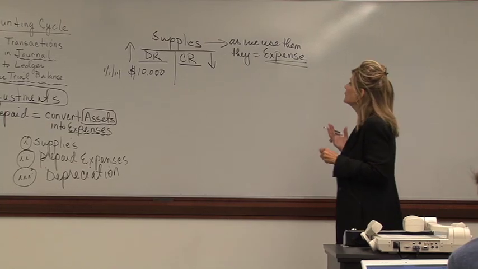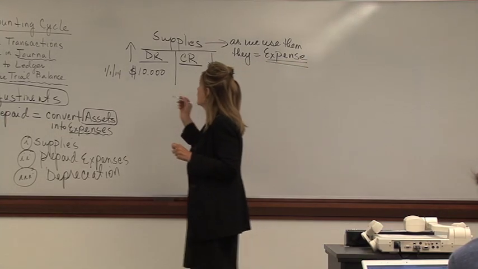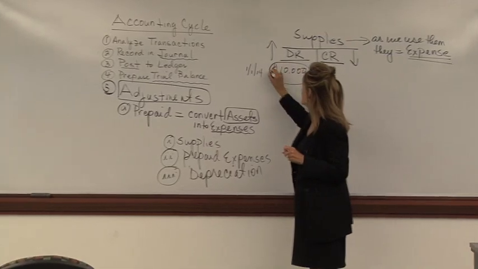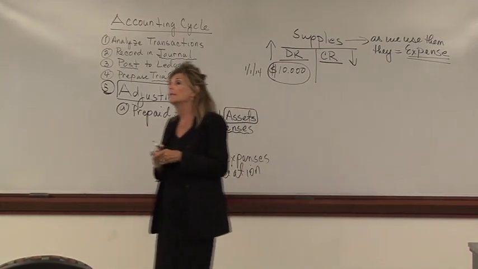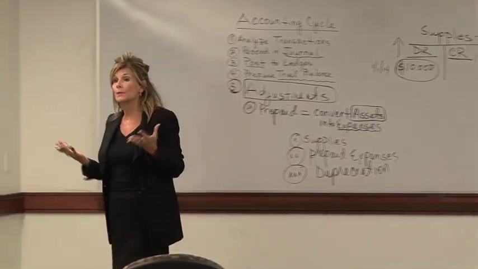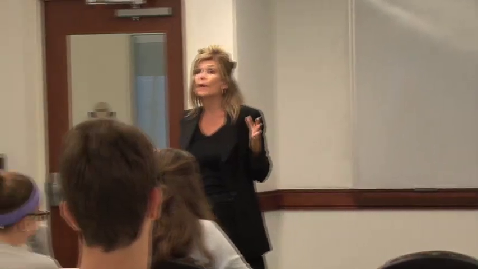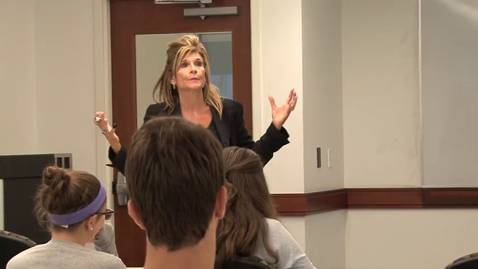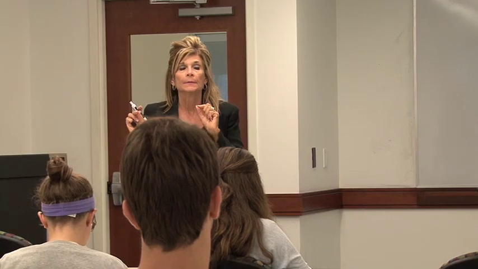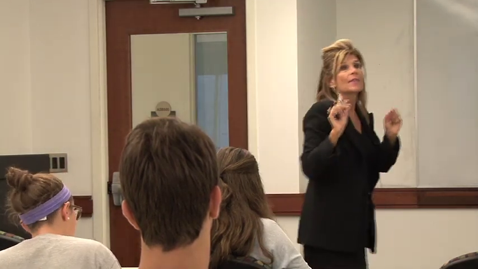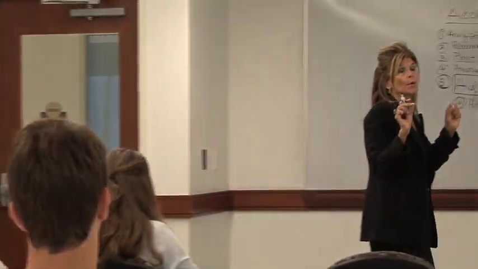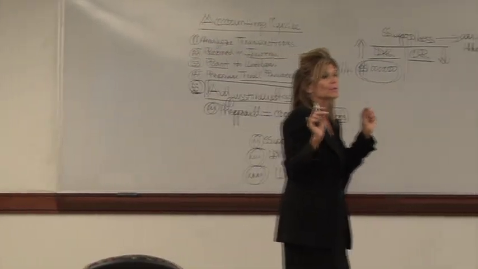And so what companies do when it's time to prepare financial statements is they go back and they revisit, for example, supplies. They say, all right, we started with $10,000 in markers. Now I open my supply cabinet. I look at the amount that remains, the amount of markers I haven't yet used.